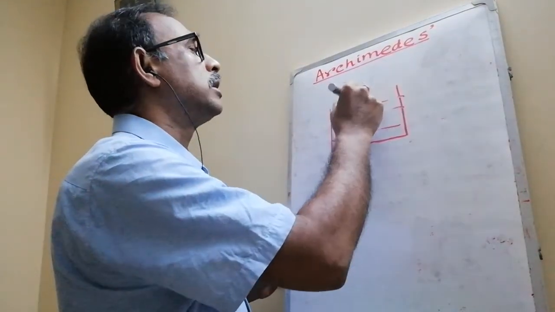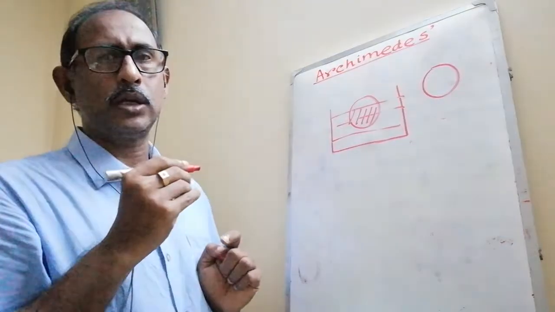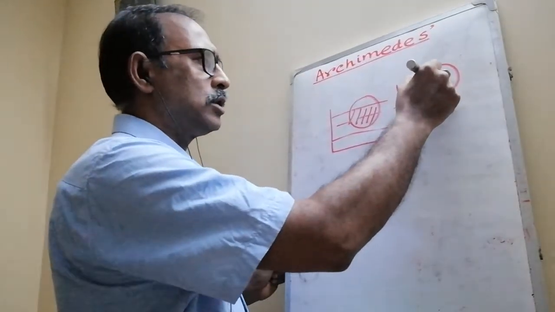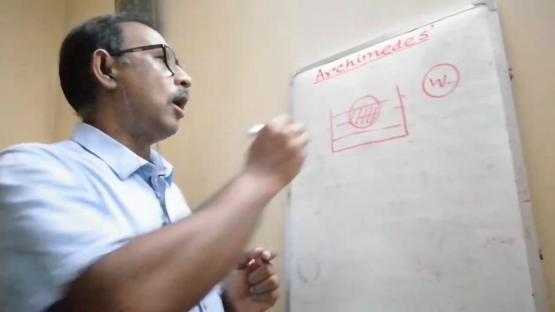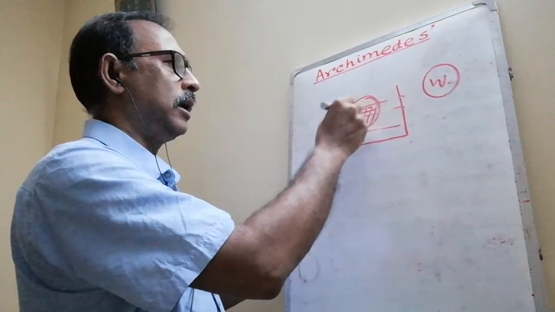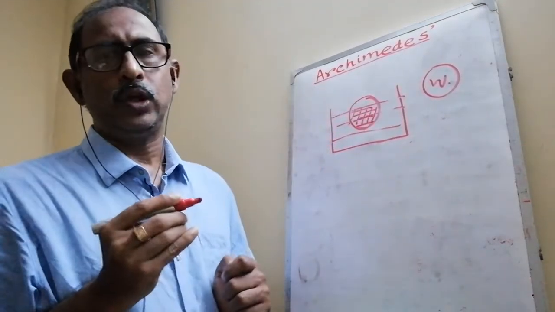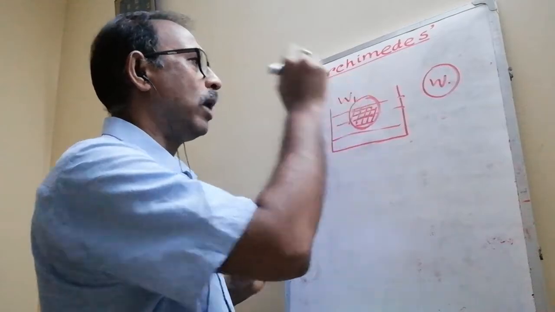Say when this object is in air, its weight is W. When this object is immersed partly in any fluid, its weight becomes W1.